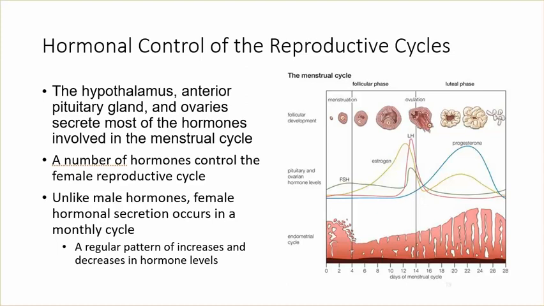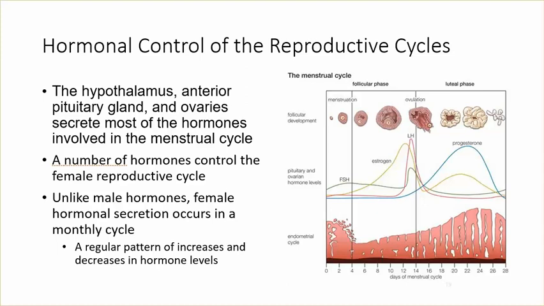So we time the menstrual cycle starting at the beginning of menstruation. So day 0 to 4 is the menstrual phase. Then 4 to 14 is the proliferative stage.